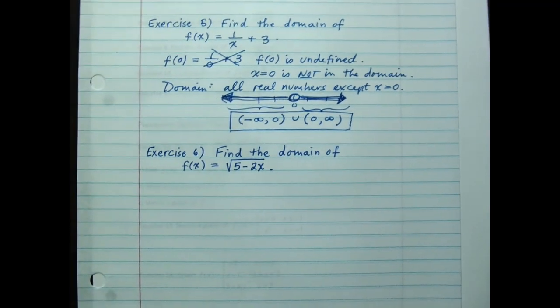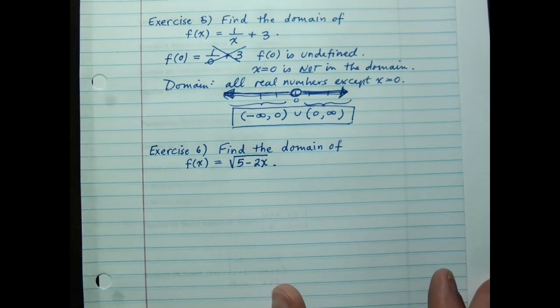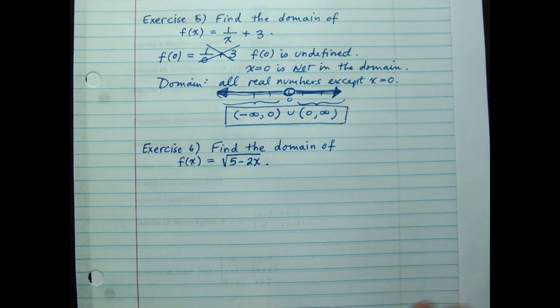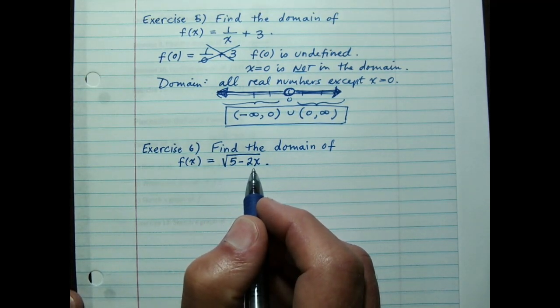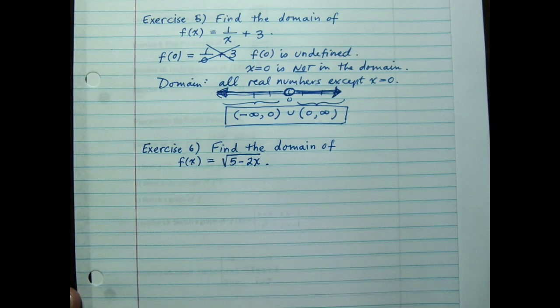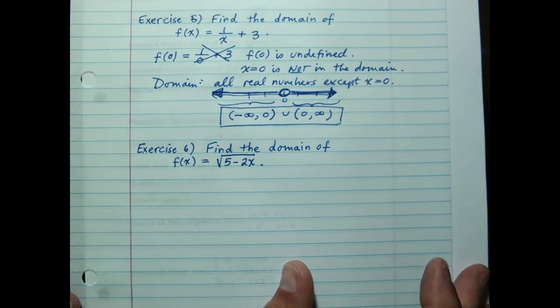Let's do, I think we're going to do one more in this segment. Let's look at exercise 6. Find the domain of this function, the square root of 5 minus 2x. Now, here's the challenge with these domain problems. There is not one thing you look for in every single one of these problems.